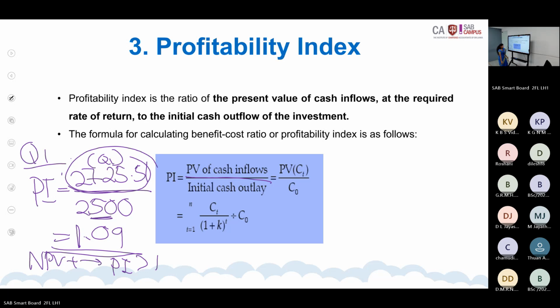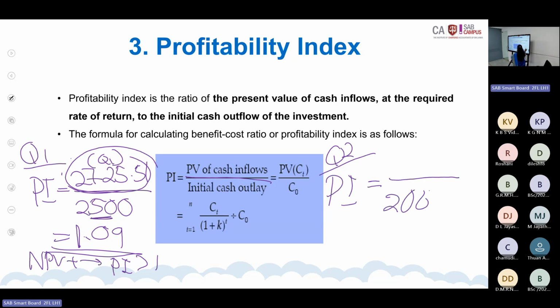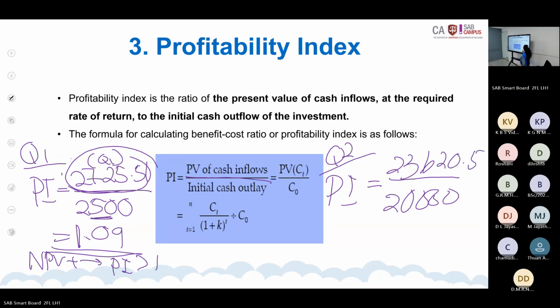Right. Question number 2. Now profitability index. Initial cash outlay is 20,000. Future cash inflows under the discount factor of 10% is 23,600. What will be the profitability index?